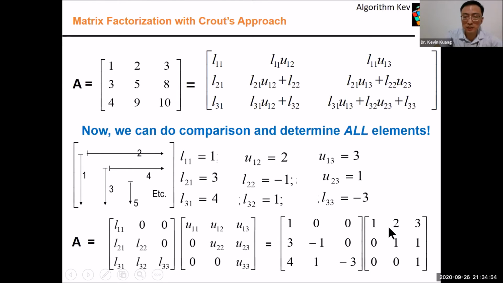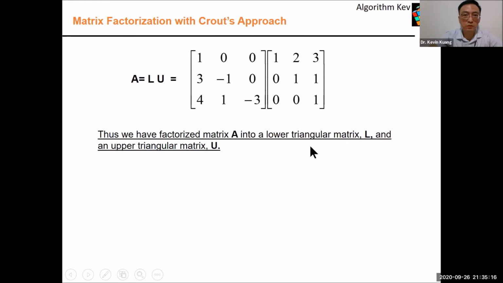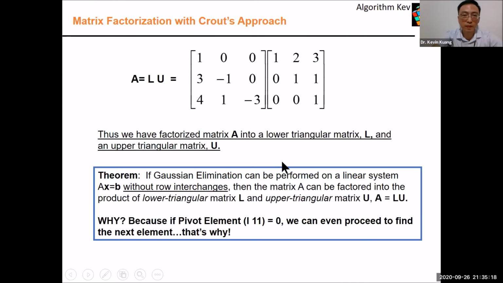As you can see here, for the U matrix, the diagonals are all 1 as we have assumed in this approach, the Crout's approach. And the rest are all calculated and determined through this process systematically. So now that we have decomposed the matrix A into L and U, we can then later proceed to solve the system of linear equations for the unknowns x1, x2, and x3.